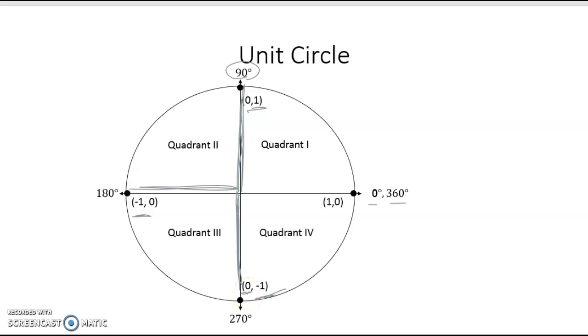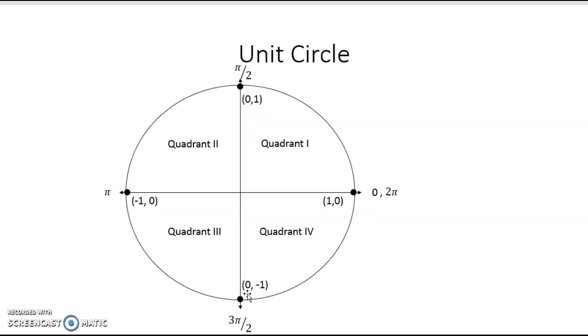Now you can do the same thing, just changing these from degrees to radians. If you start out, you're starting with 0 radians. Notice this didn't have the little degree symbol. When I don't have the degree symbol, I know that I'm in radians.